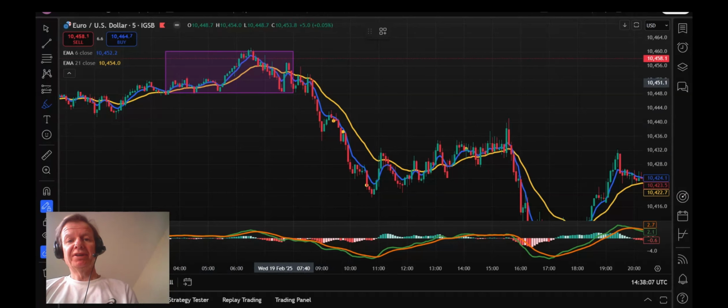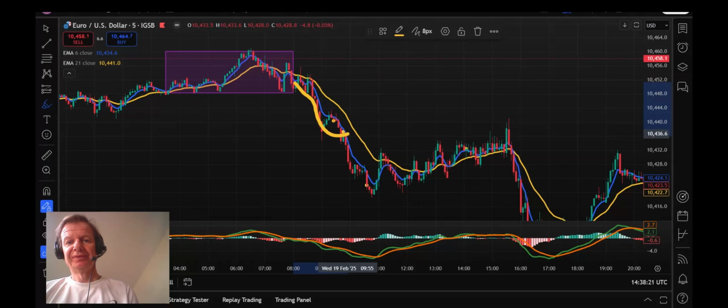But basically what happened here is, you can see the blue line, moving average 6, across the 21, which is a sell anyway, and it's come out of the box here, about 46. So my limit would have been down about here. But as you can see, it's carried on down because the blue line's still outside of the yellow, and I would have got probably another 20 pips actually.